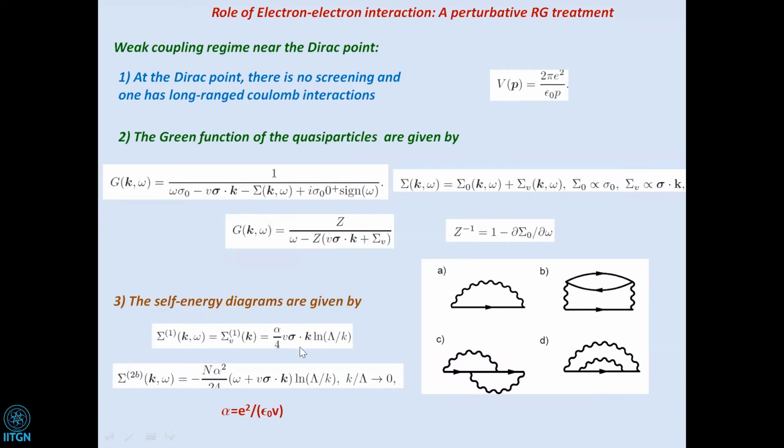And when you aim to calculate those self-energy corrections, and these are the Feynman diagrams which are involved, okay, so sigma 1 is the first order correction and sigma 2 is the second order self-energy correction. So for example, sigma 1 is this bubble, and sigma 2 has B, C, and D, the three other bubbles. This is a standard self-energy correction that comes in. You find that there is a log divergence that comes in, okay?